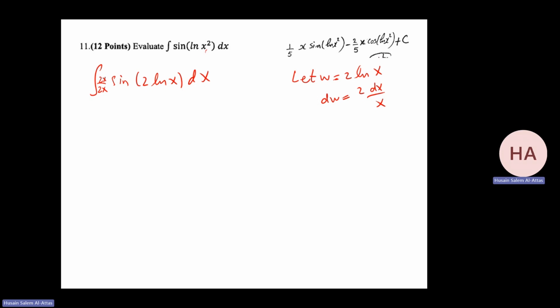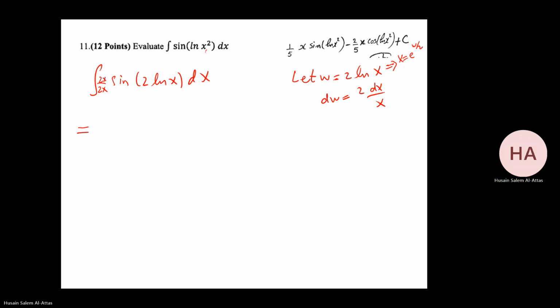If w equals 2 ln x, then x is what? x will be e to the power w over 2. Correct? Yeah, it will be x.